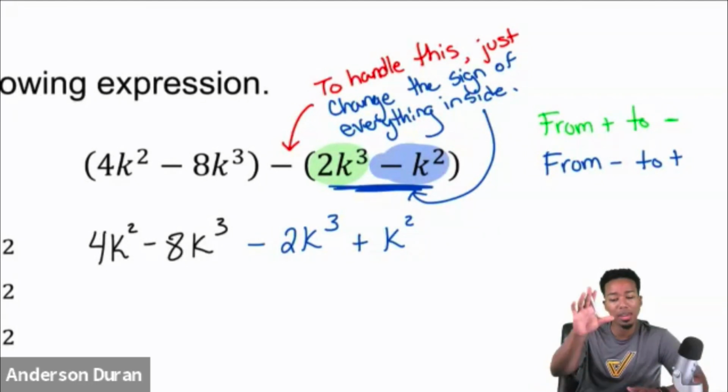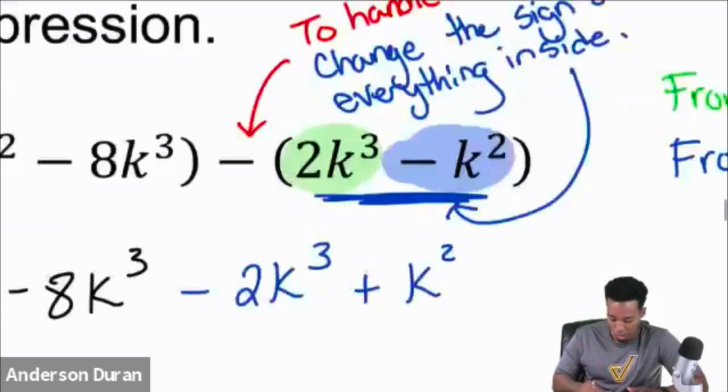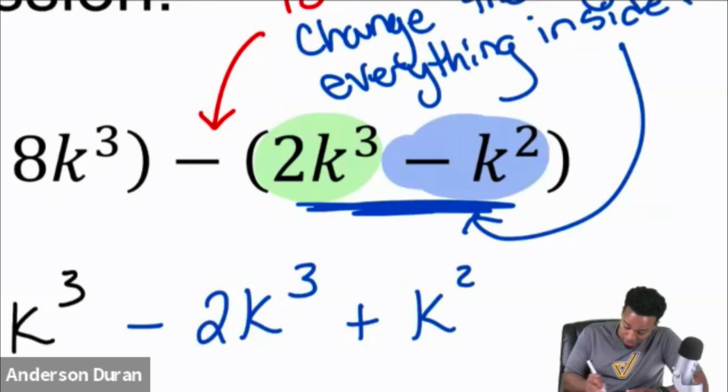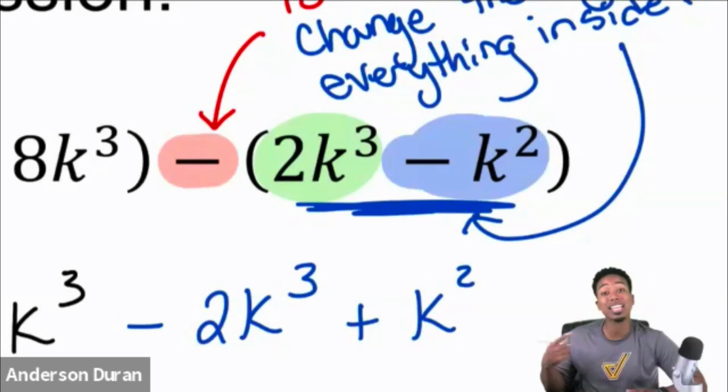Just change the sign of everything inside. And so let me ask you this, everybody, nice and slow here. This 2k cubed, what is the sign? Again, I highlighted the whole thing in green. Inside of the parentheses, what is the sign of that 2k cubed? Yeah, we should all be saying positive here. That negative is on the outside of the parentheses.